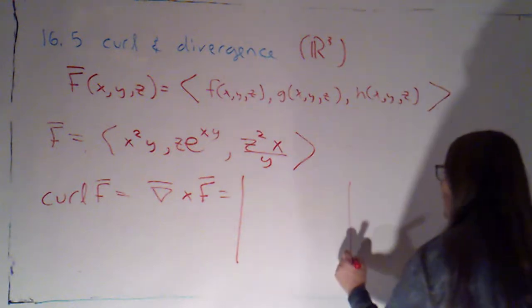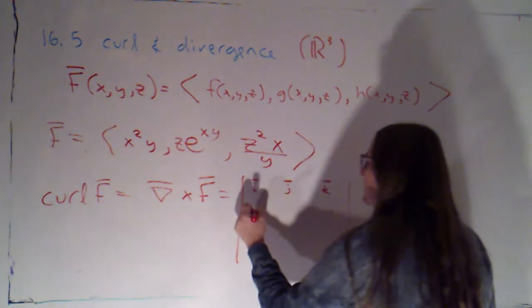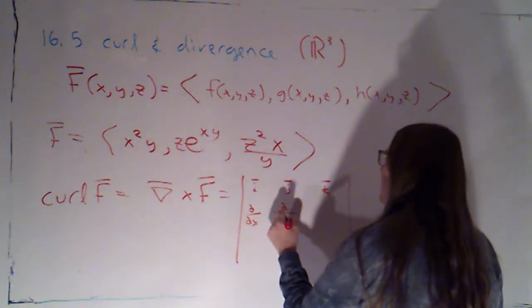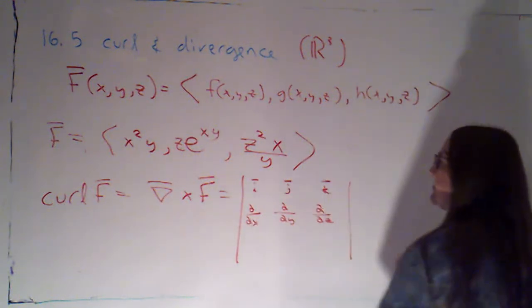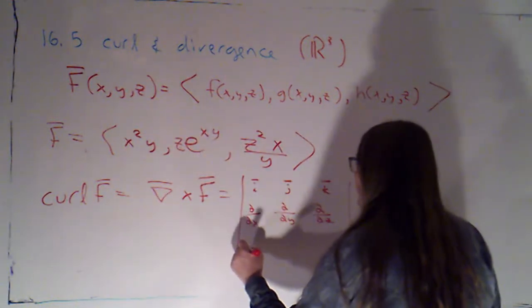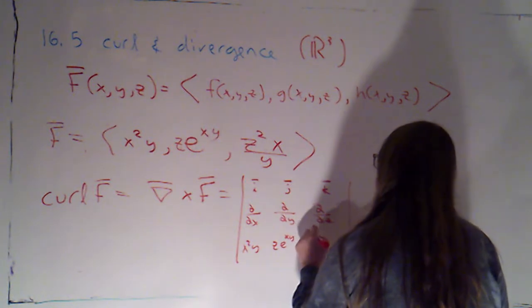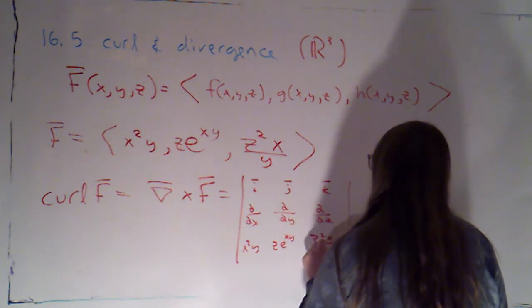So I'm going to just write out my symbolic determinant, i, j, k, partial x, partial y, partial z. And then I'm going to just put my component functions in that third row. So x squared y, z e to the xy, z squared x over y.